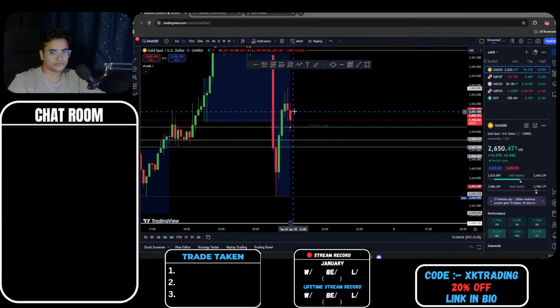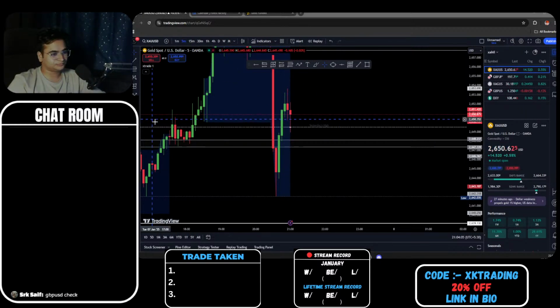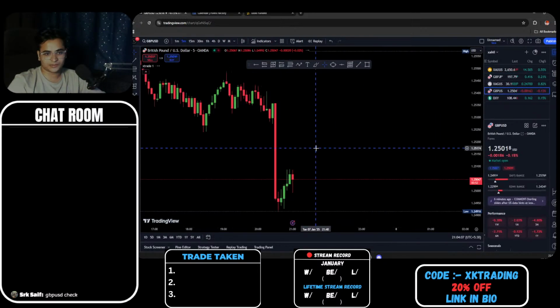We have 1 minute before this 5 minute candle closes. Let's see how this is closing. GBP USD, check.